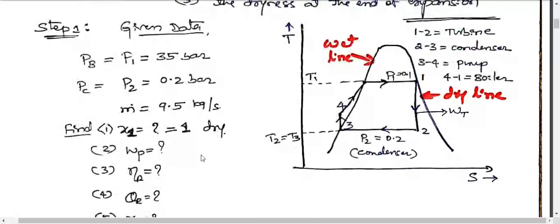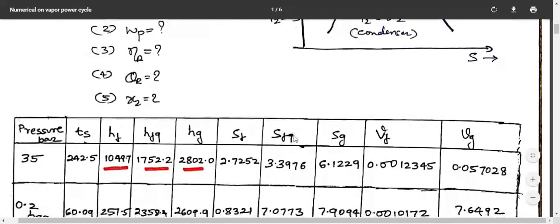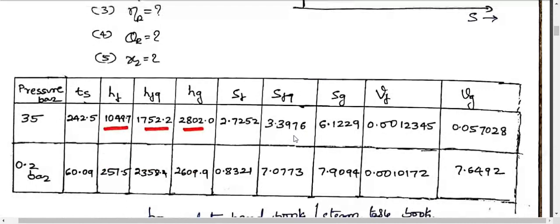Okay, now to solve such types of numericals, we have to refer to a thermodynamic data handbook or steam table book. So at 35 bar pressure, I have noted down all the values given in the steam table, including saturation temperature, hf, that is enthalpy of fluid, and hg, enthalpy of gas.